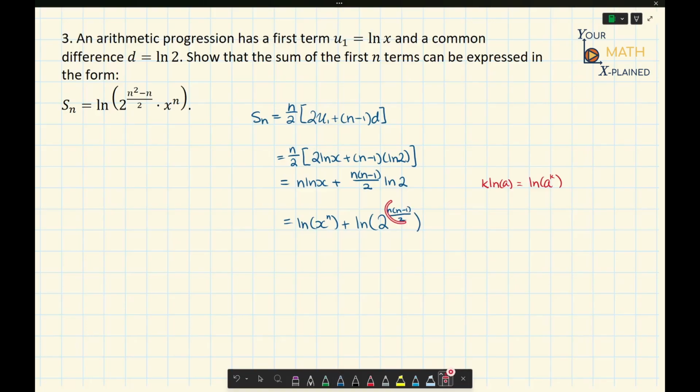Next, we're just going to distribute this power here. So this is equal to ln of x to the power of n plus ln of 2 to the power of (n squared minus n) over 2.